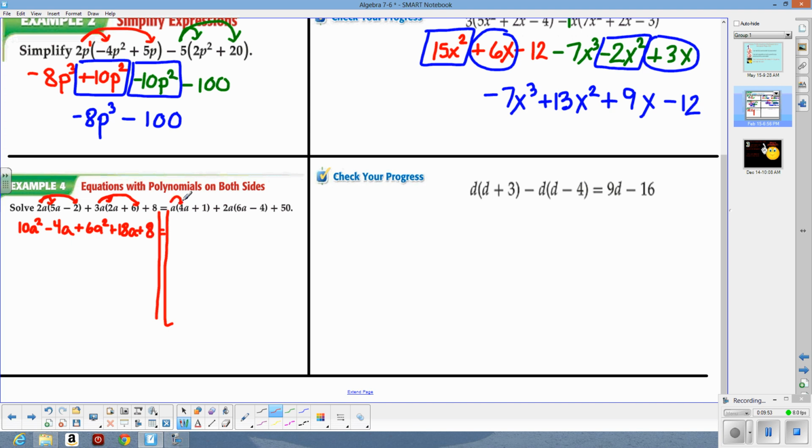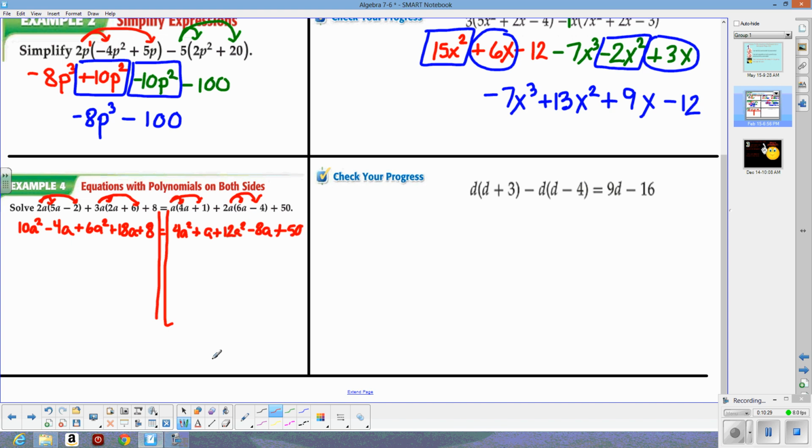A times 4a is 4a squared. A times 1 is 1a. And then 2a times 6a is 12a squared. And then 2a times a negative 4 is negative 8a. And then the plus 50 we're going to bring down.